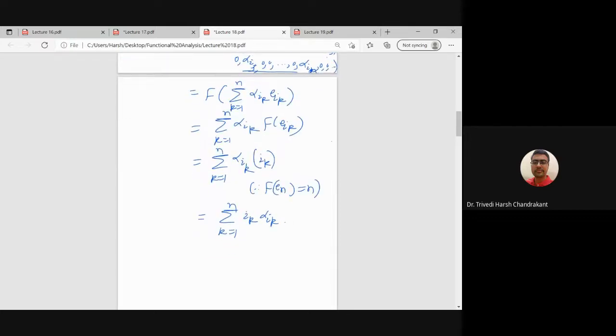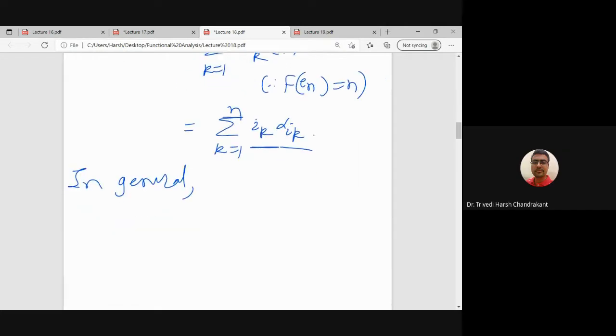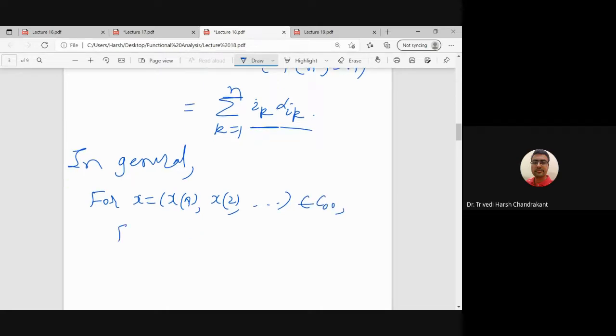Then alpha ik is the ikth coordinate, and in general, if we apply f to x in c00, f of x is basically the coordinate ik times xik.